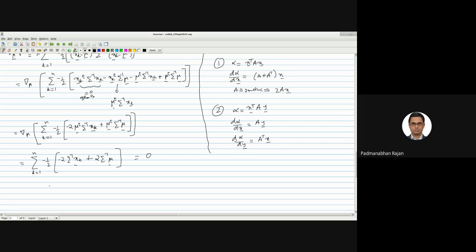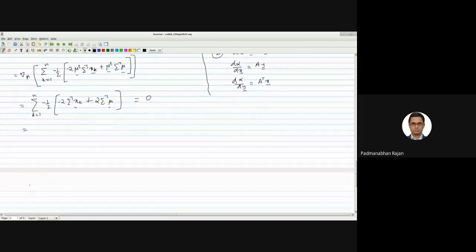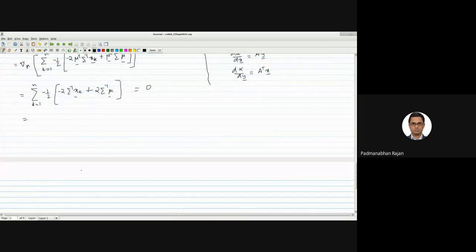So I can get rid of the half, taking that minus half inside. I will get the summation k equals 1 to n of sigma inverse xk minus sigma inverse mu is equal to 0.